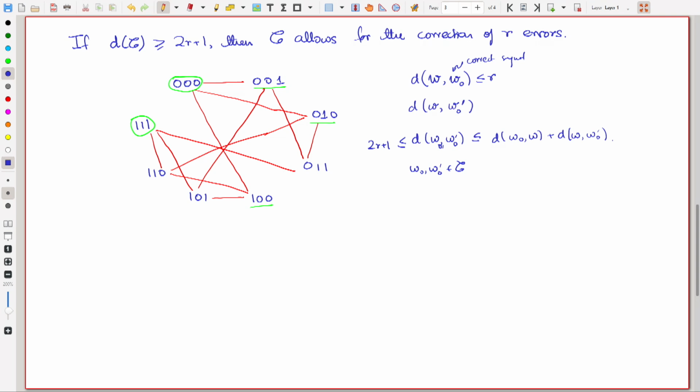That is something you can easily convince yourself of. If this is less than or equal to r, then this is greater than r.